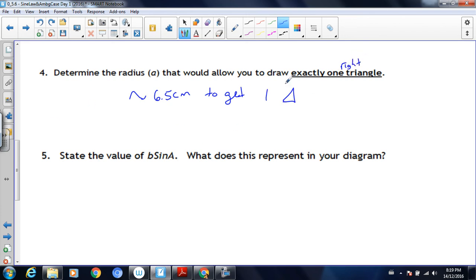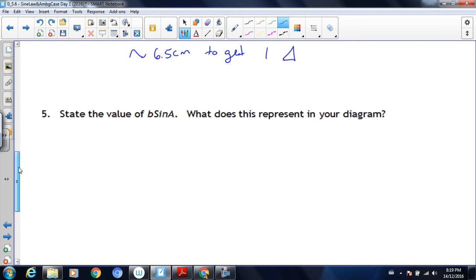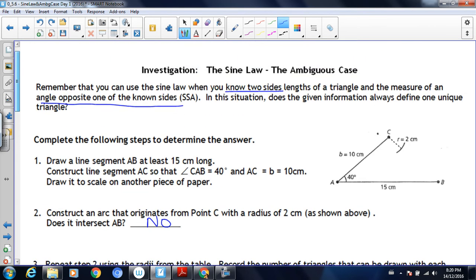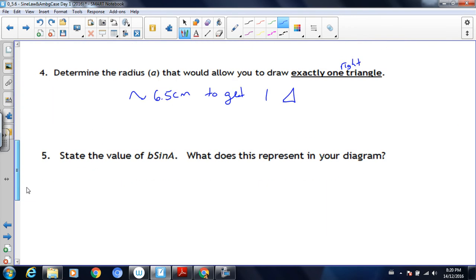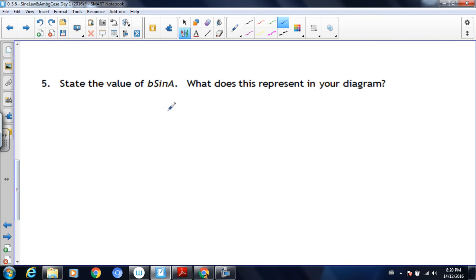Now, this says state the value of B sine A. What does this represent? What this is saying is side B multiplied by the sine of angle A. So let's go back to our triangle. Side B is 10 centimeters. Angle A is 40 degrees. So just plug this in.